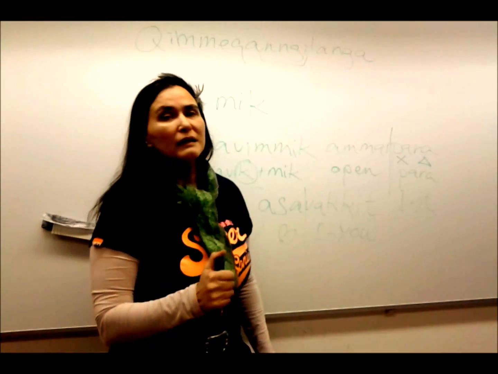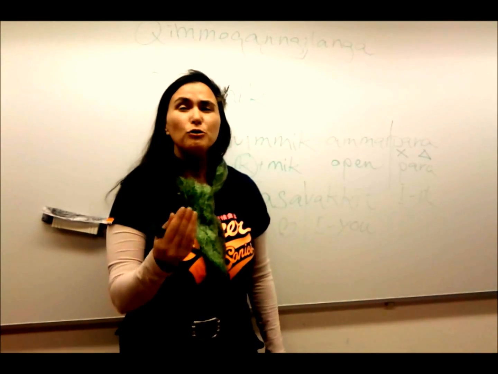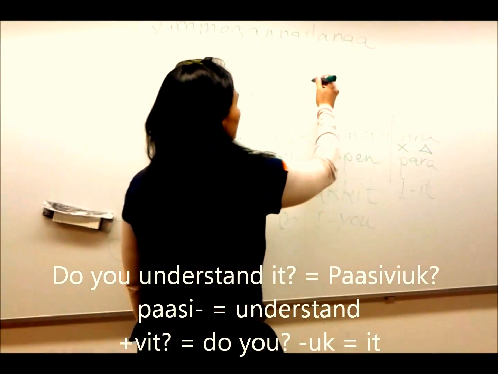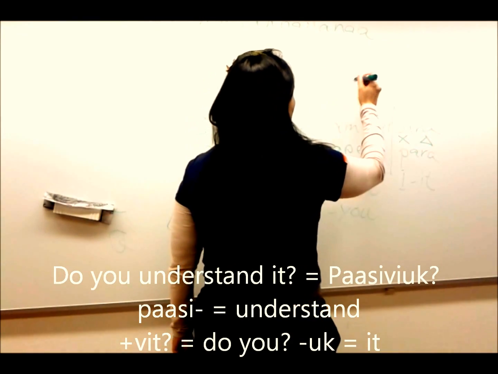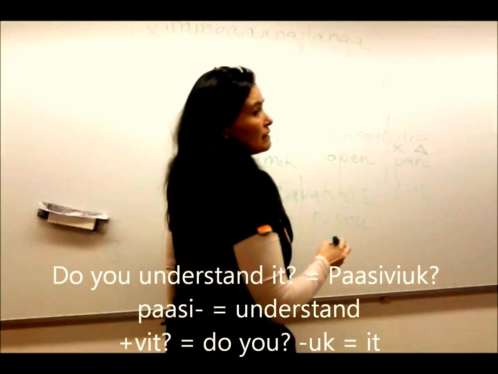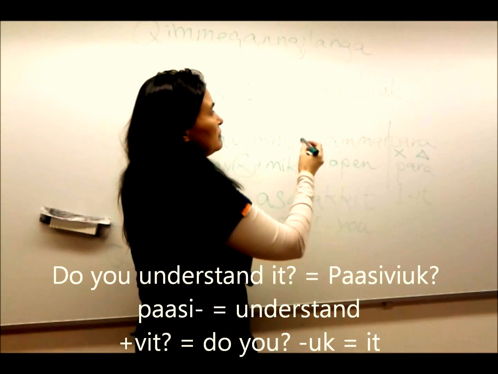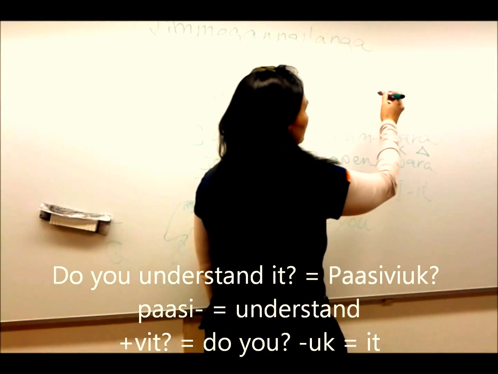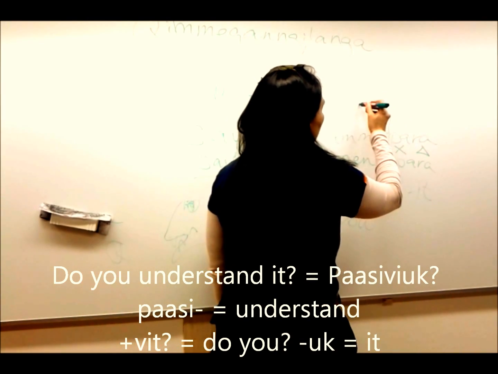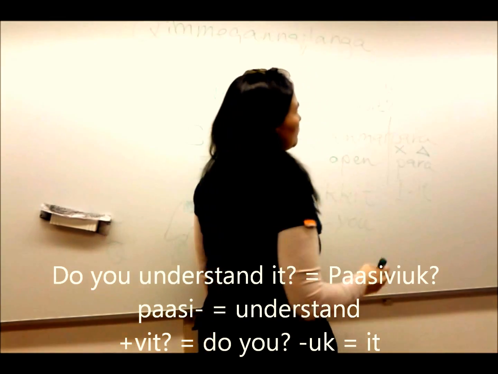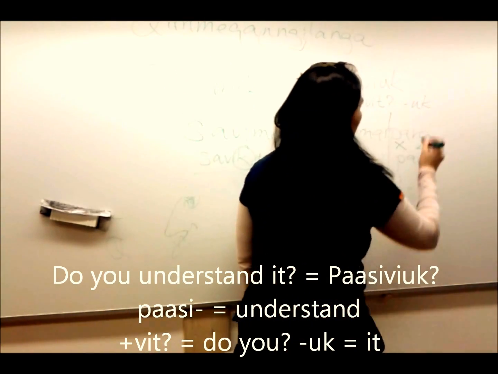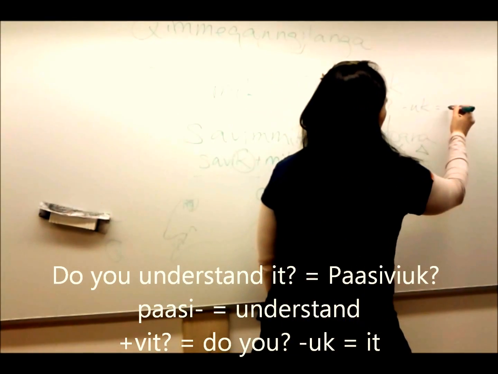You can also ask a question like, do you understand it? And that would become pasiviuk. And pasi means to understand, and vi is asking mode, and it comes from vit, which is do you, and uk could actually be translated into it.